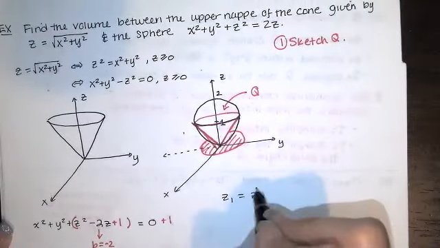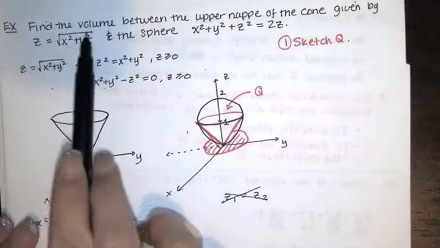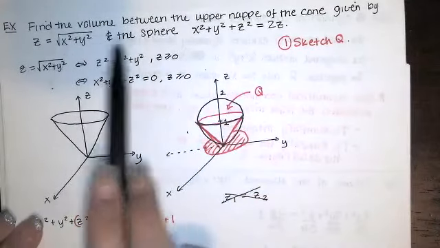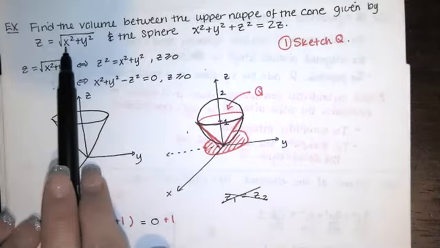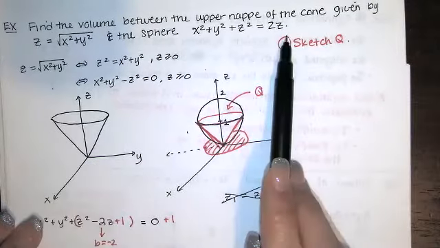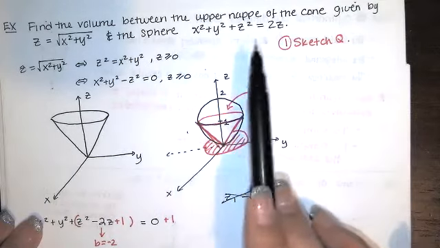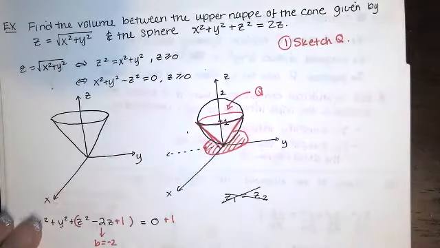How else can we find the equation where this cone meets this sphere? Well, I'll tell you what, we can take all of the Z's and replace them with that square root. And then we'll have an equation involving X and Y only. And that will be a set of points where the Z on this sphere is equal to the Z on that cone.